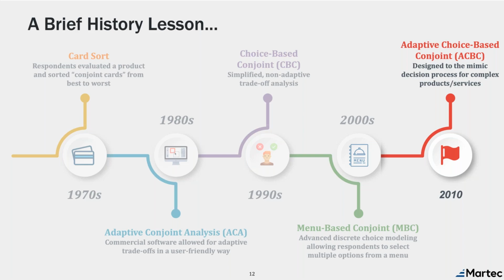It works in a series of steps, which we'll talk about a little bit later, where the respondent can build their own preferred product. Then they go through a screening series of questions, and then finalize with some choice tasks that look very similar to what you would see in a choice-based conjoint.